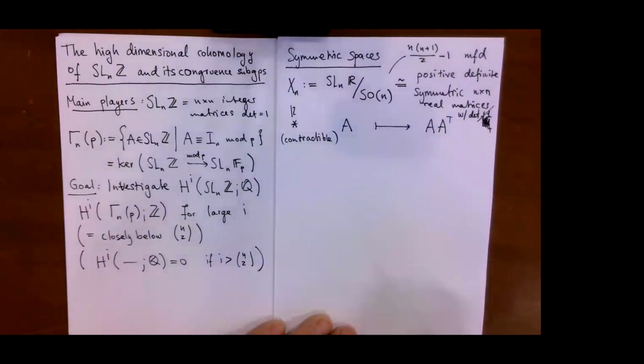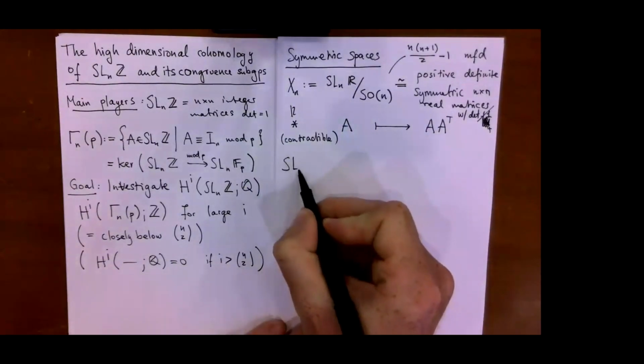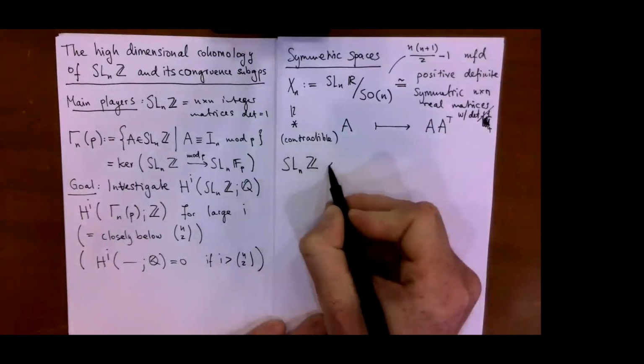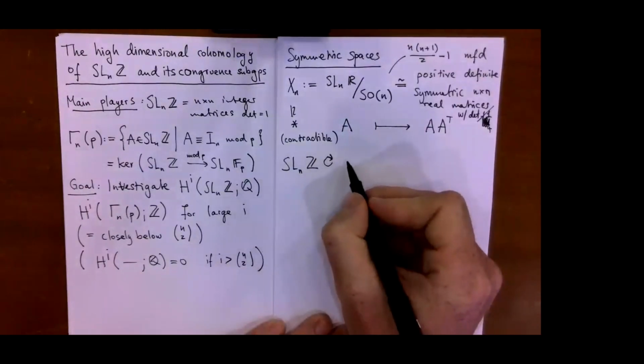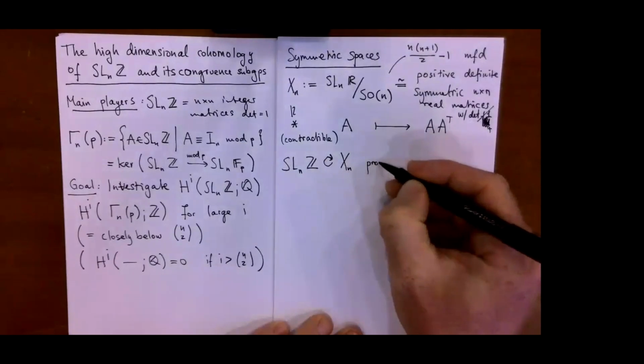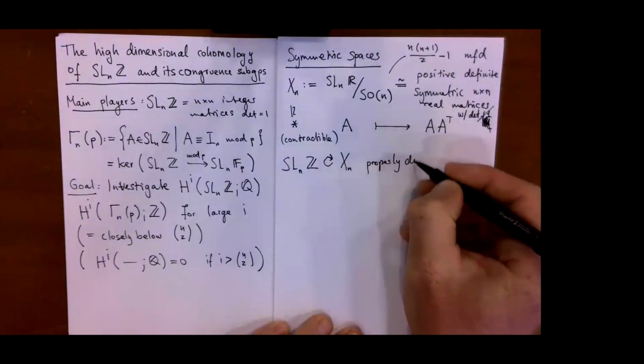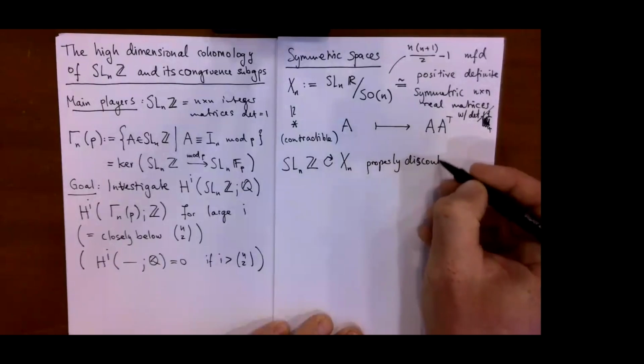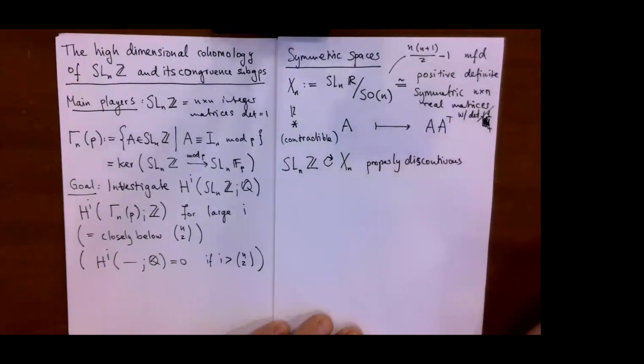And you can consider the action of SLnZ on this space, and this action is properly discontinuous. I don't really want to explain what that means. It just means that, in some sense, orbits are discrete and stabilizers are finite.